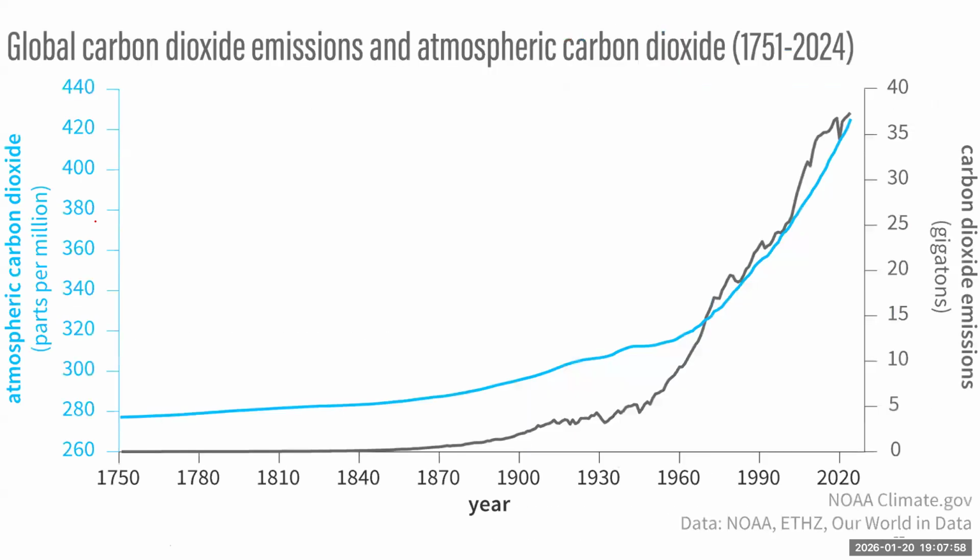And what about the current figures? Look at now, I think the figure is around 420 ppm of atmospheric carbon dioxide. Okay, so it's the figure, and I think it's very important.